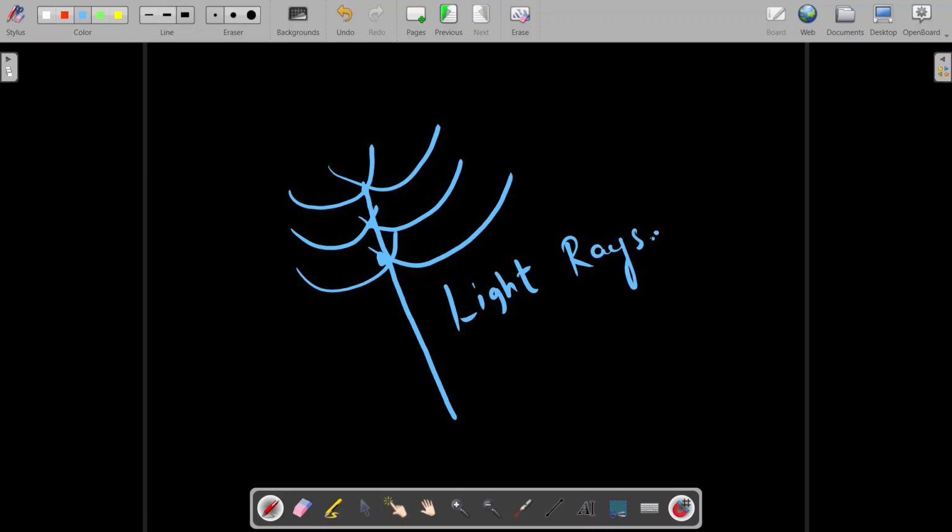Visually, why? Due to the intersection or collision of these electromagnetic radiations, that is, two different electric or magnetic fields getting intersected, which we see as light rays.